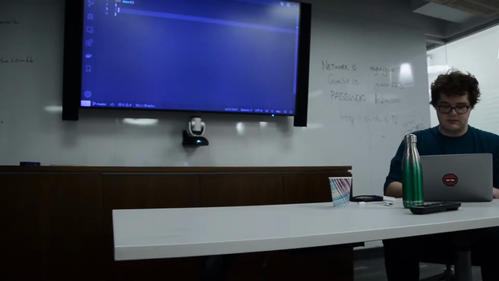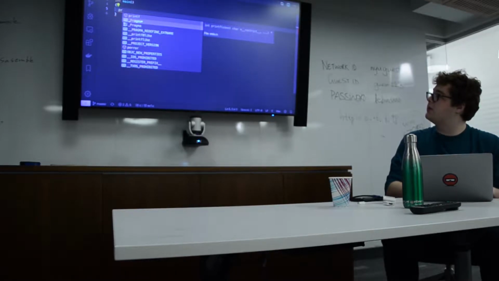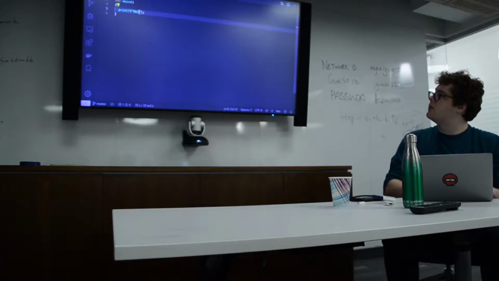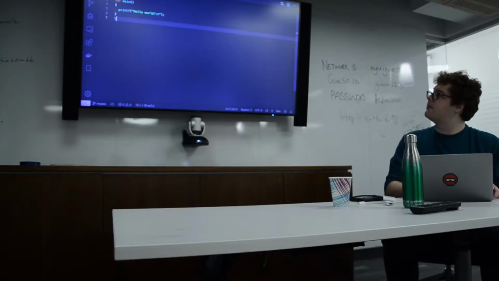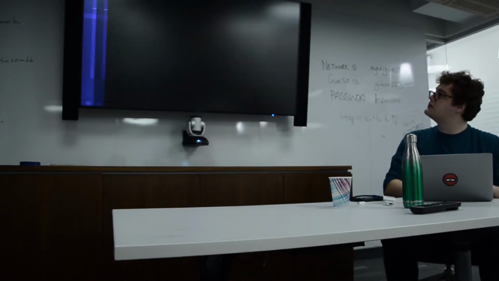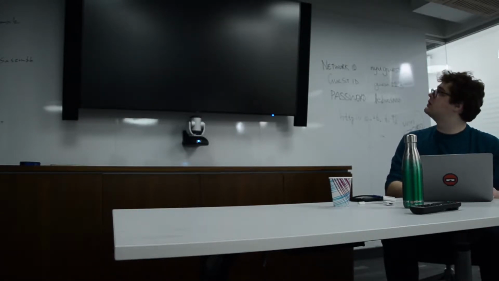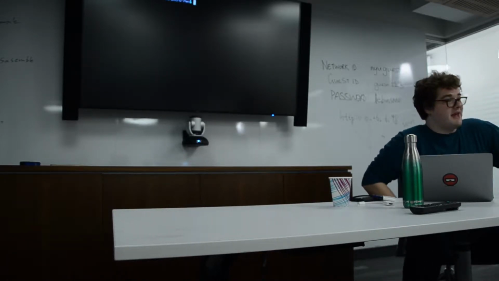And this will just be a hello world program. All right, so let's compile that, gcc ex1.c -o ex1, cool, and we can run it. And is everyone on the same page?